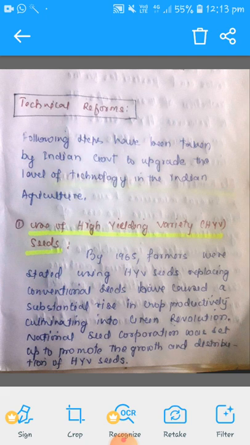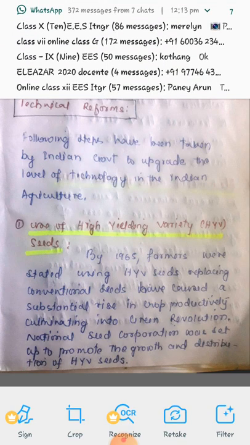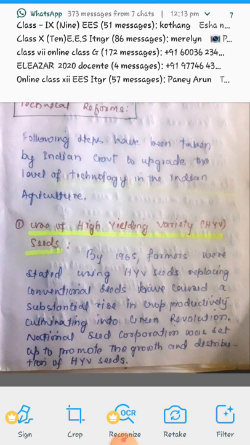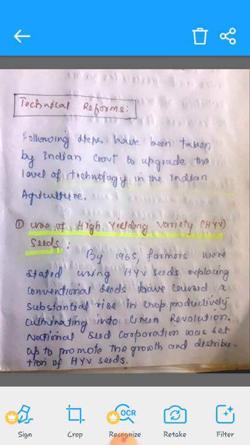Number one is the use of high yielding variety seeds. Since 1965, the farmers started using the high yielding seeds, which are called HYV seeds. Why have the farmers opted for these seeds? Because they give much higher productivity than the indigenous traditional seeds that the farmers were using earlier.